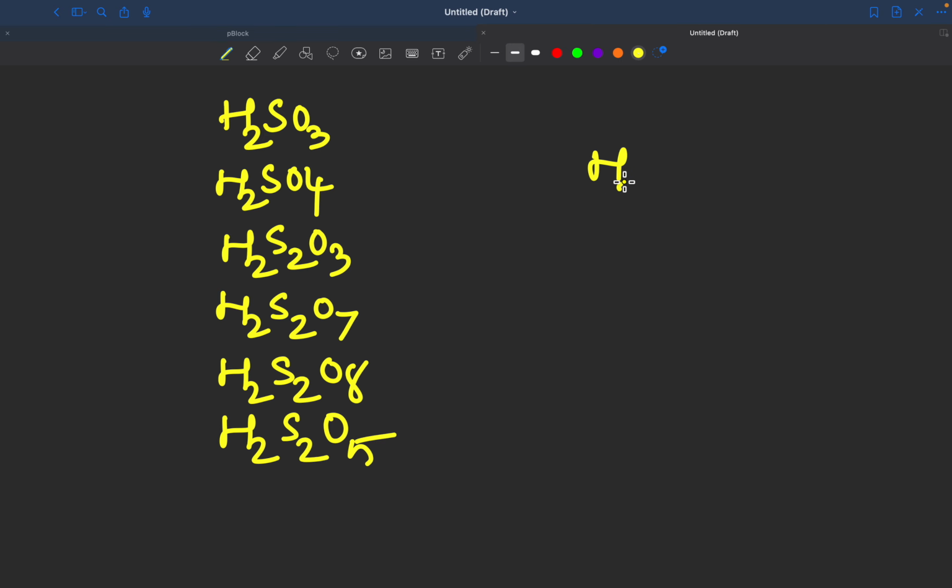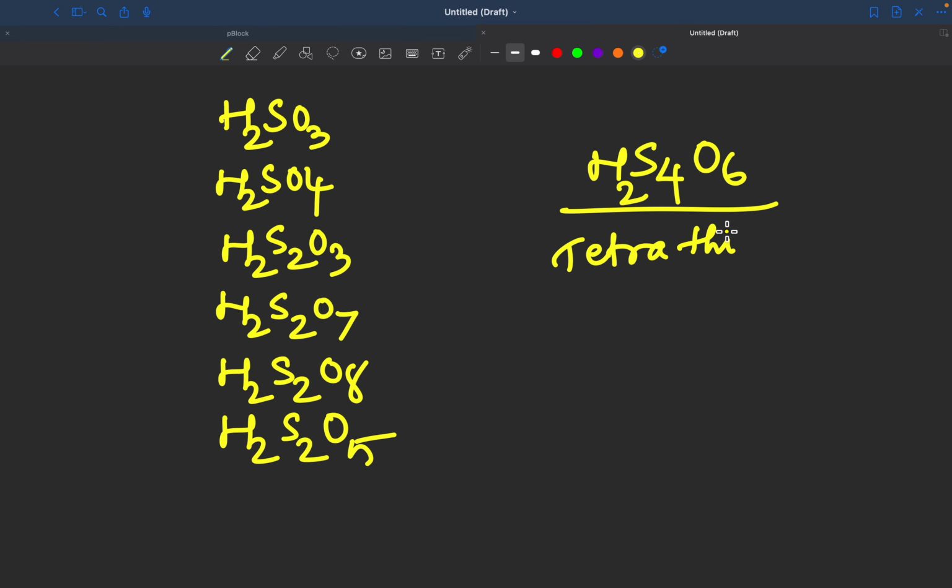We have one more here, H2S4O6. This is known as tetrathionic acid. This is the extra one, right? So this one is sulfurous acid, sulfuric acid, thiosulfuric acid, pyrosulfuric acid, peroxy disulfuric acid, peroxy monosulfuric acid.